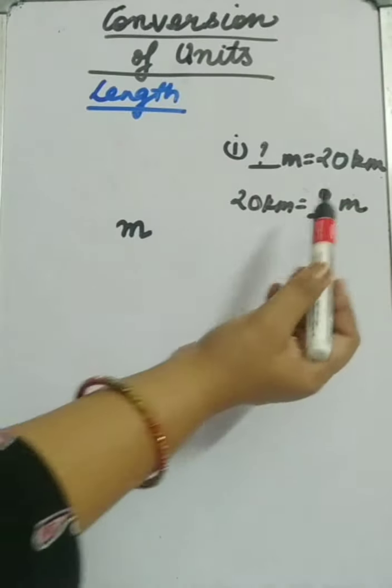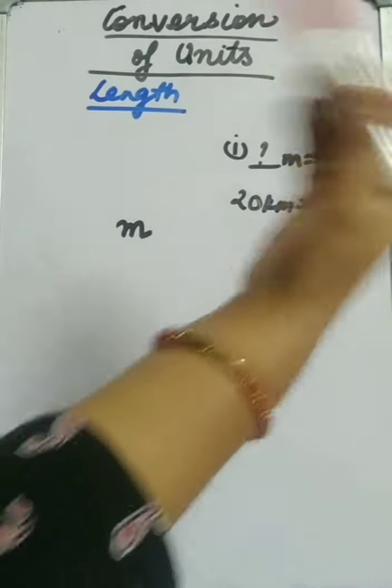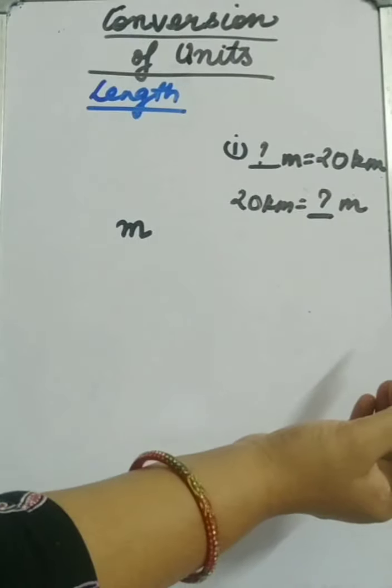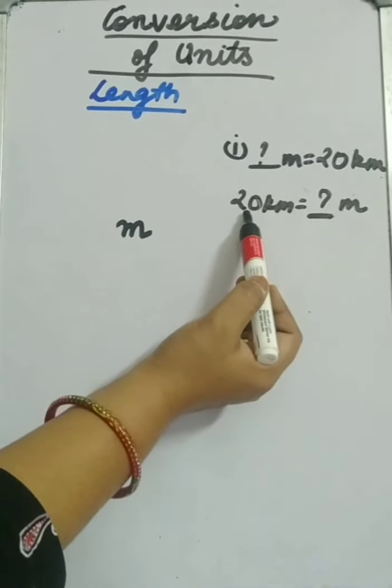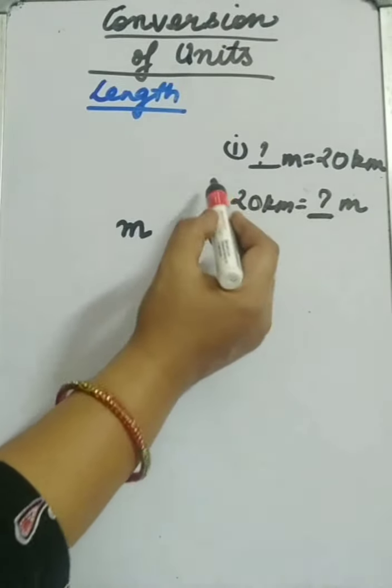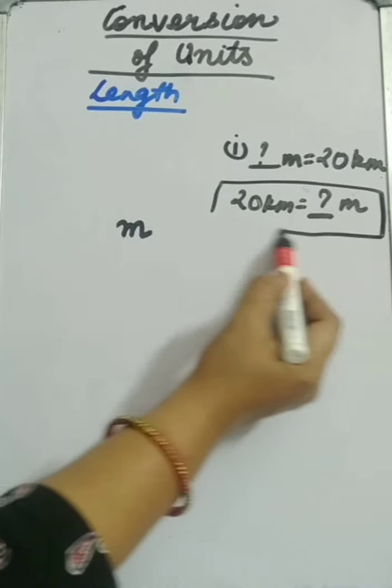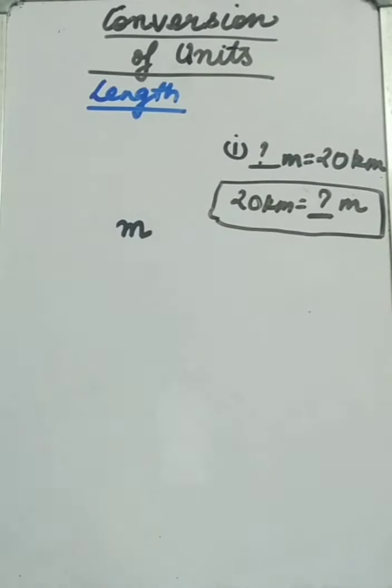Whatever you have to find, you write on the right hand side. That means unknown will be written on the right hand side and known on the left hand side. This is a very important first step. Now next, we have to do the conversion.